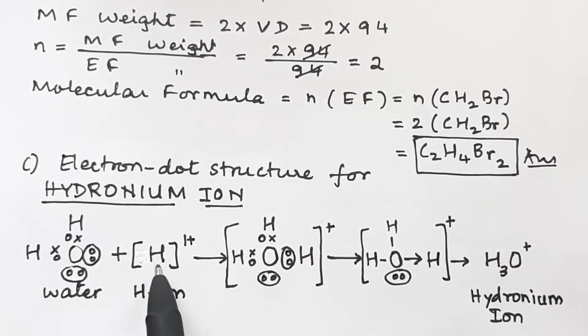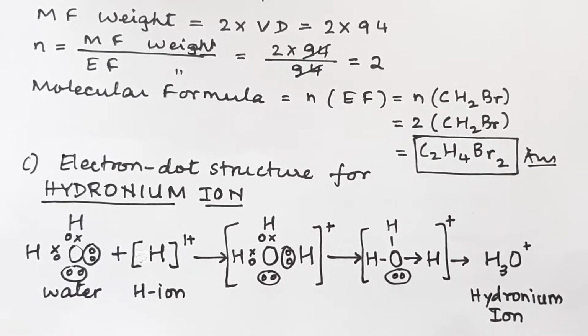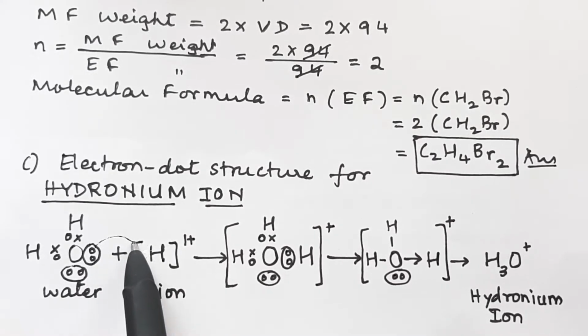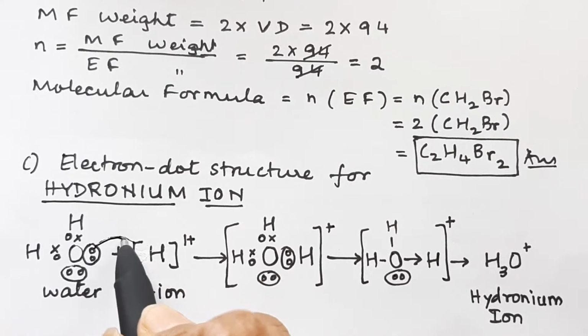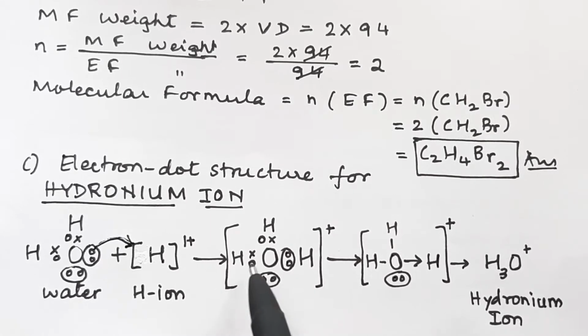So we have this hydrogen ion coming in, that is hydrogen ion I have written over there. This hydrogen has no electrons, so it needs 2 electrons to complete its duplet. So this electron pair is going to get accepted by this hydrogen, and that is going to form the coordinate covalent bond. See what has happened?